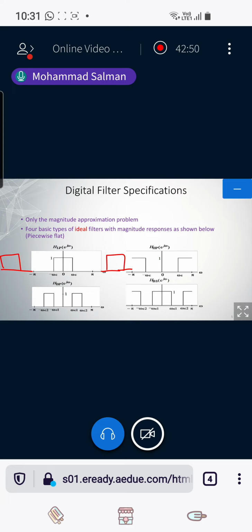Can anybody tell us a general note about these two, low pass and high pass, a relation? Can you look and think of a way to relate these two magnitude responses?